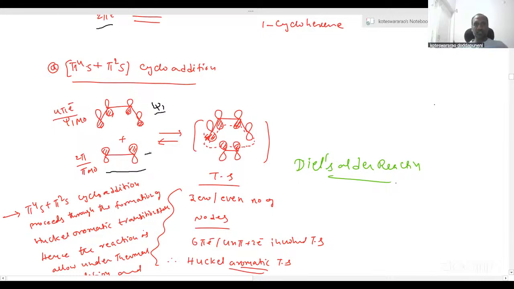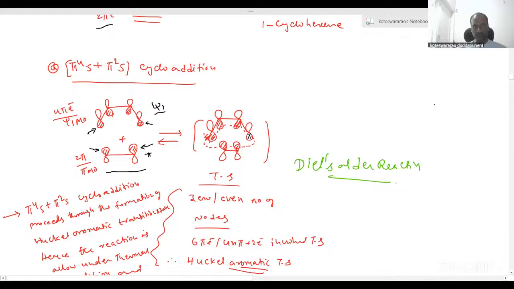It is the ground state lowest energy molecular orbital of the pi 2 system. Both undergo addition that leads to the formation of a six-membered cyclic product. Now it involves a cyclic array of a six-membered transition state. In this transition state, the interactions are created from this end and this end, the first interaction, and this end and this end, the second interaction.